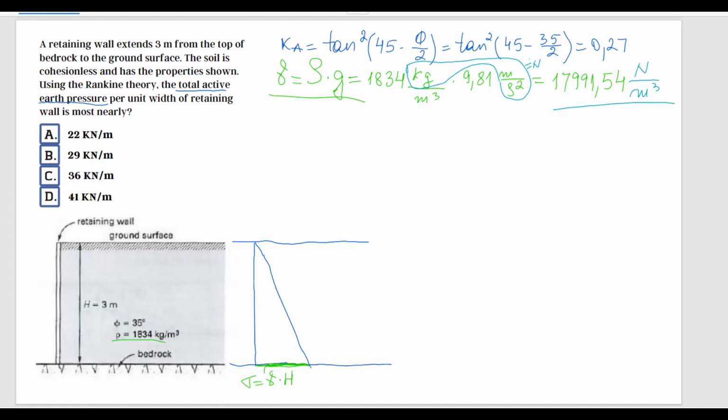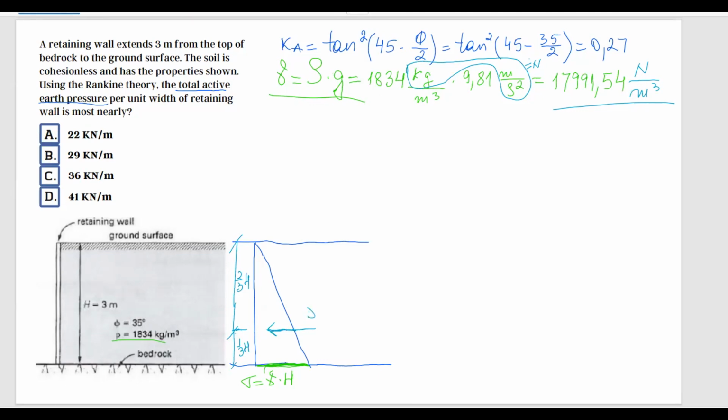The resultant force for a triangle is going to be situated approximately somewhere here, but we know exactly where this is. If I show the distances, this is 2/3 of the height, and this is 1/3 of the entire height.